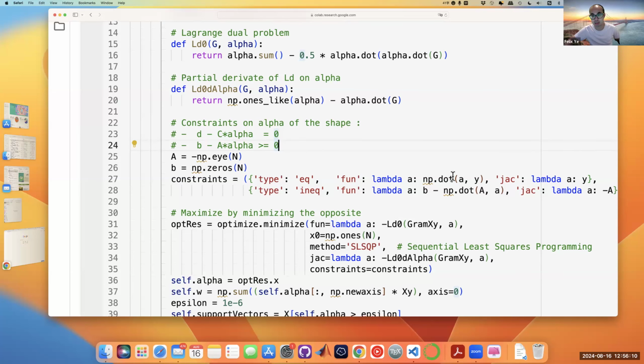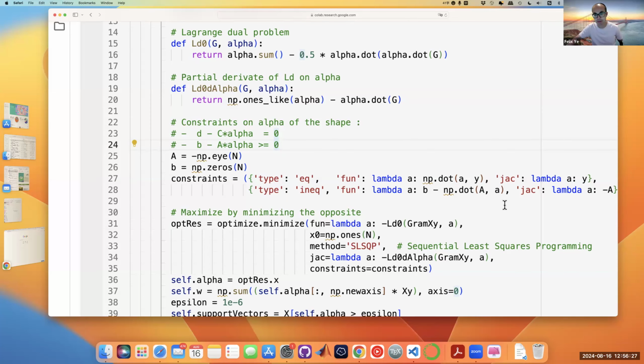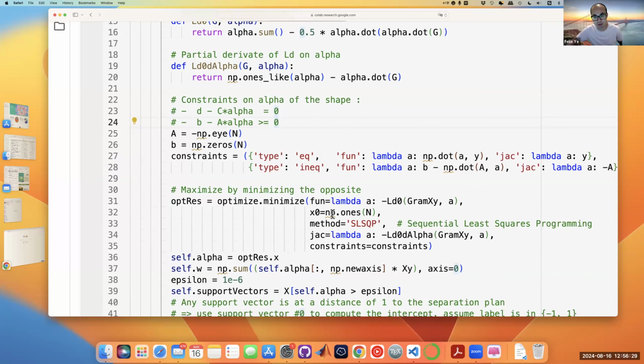All right, so you have some initial condition of a bunch of ones, and this is the Jacobian.